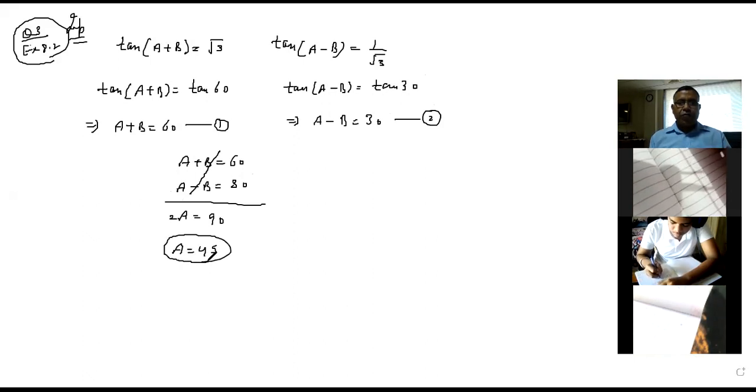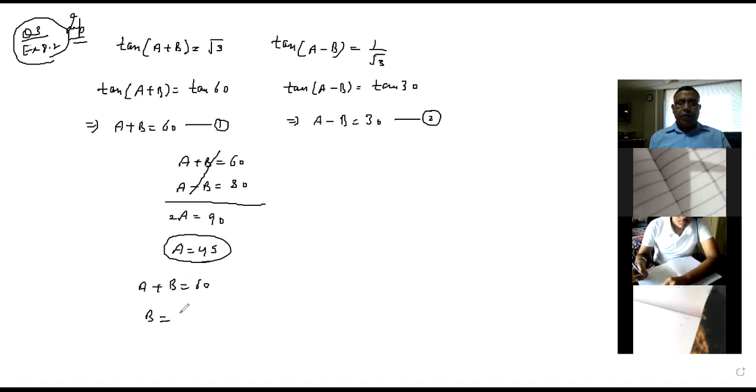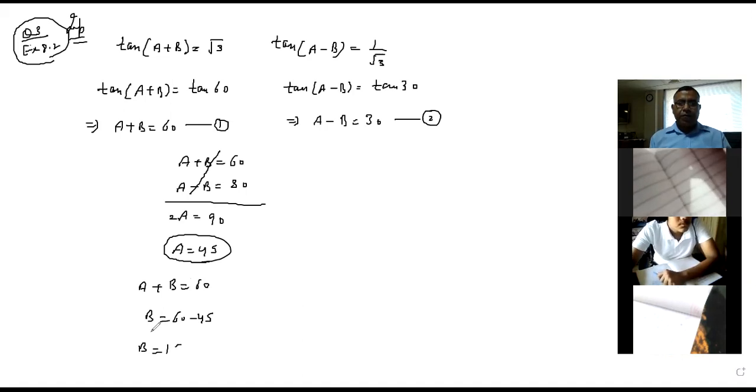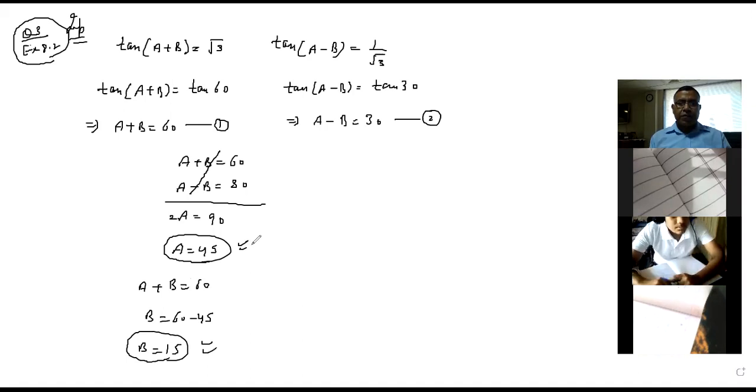So A is equal to 45, and what should B be? A plus B equal to 60, so B is equal to 60 minus 45, which is 15. So these are the values of A and B.